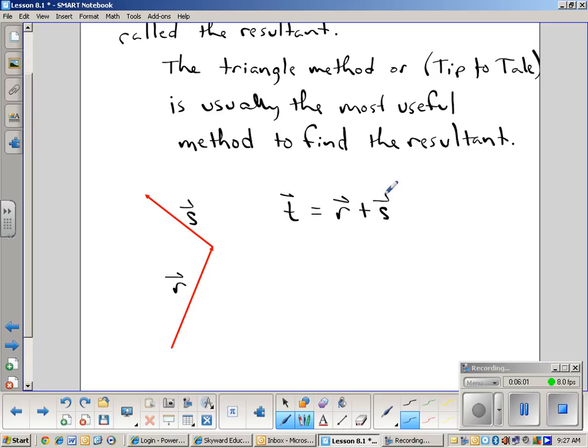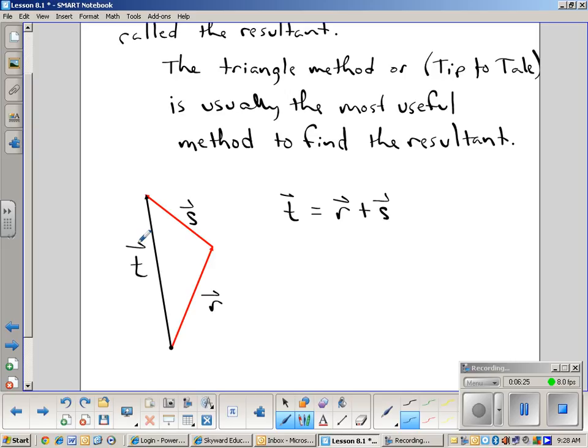Well, vector T is going to be this vector right there. So this would be T out here. So T is the resultant.